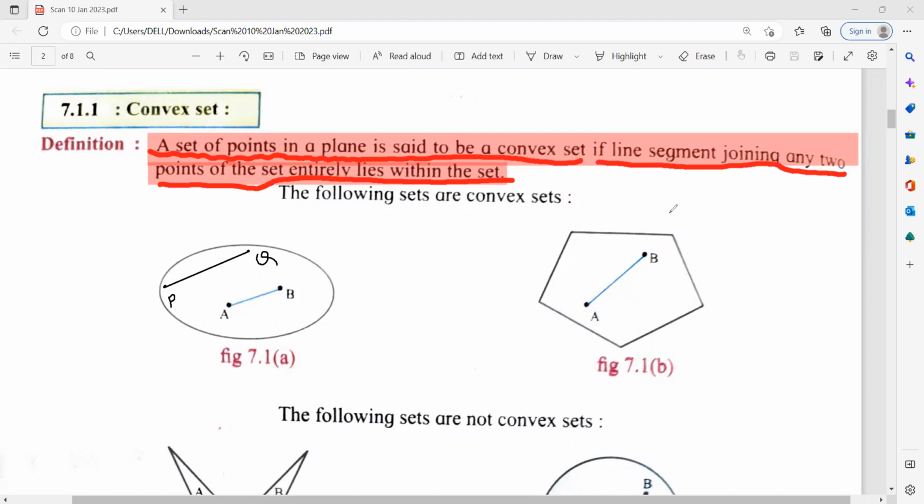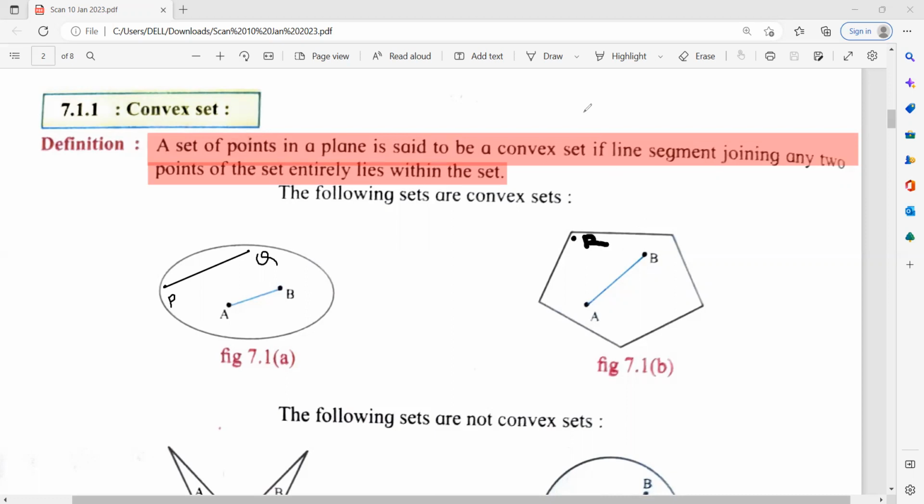See, it's a pentagon. Let me take any 2 points in this pentagon. No matter where you take them, you can take them very close. Here I take this point as R, and here I take S, because I want to check.